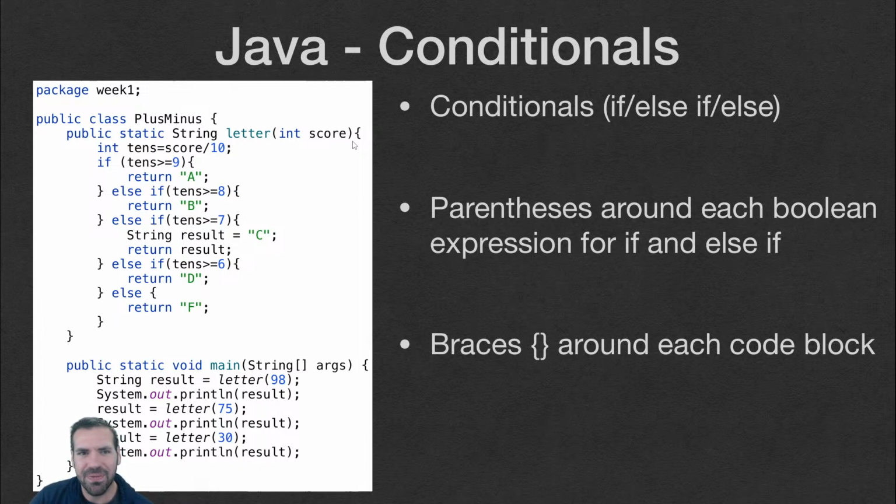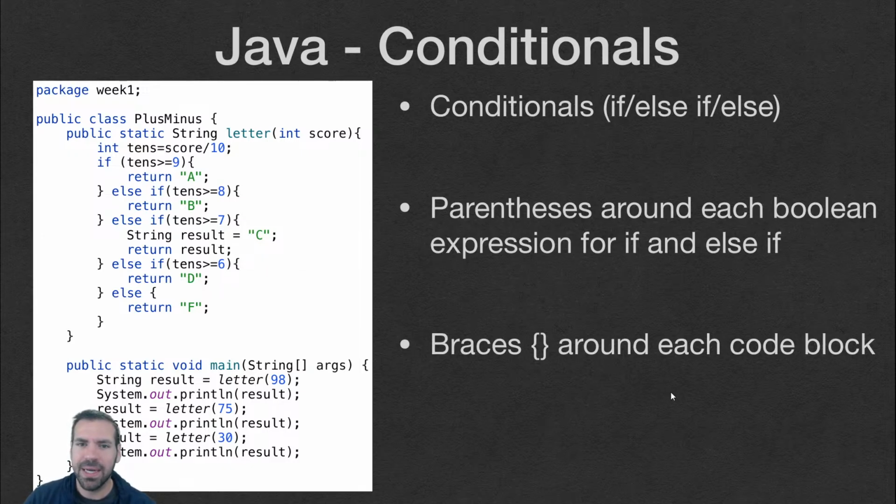The syntactical differences are braces instead of indentation, else if instead of elif, because Python likes to randomly delete 3 characters, but only in that instance. Usually Python's so verbose and explicit about things, but not in just one case. It's weird. And then we're going to call this method 3 times. We're going to expect A, then C, then F.